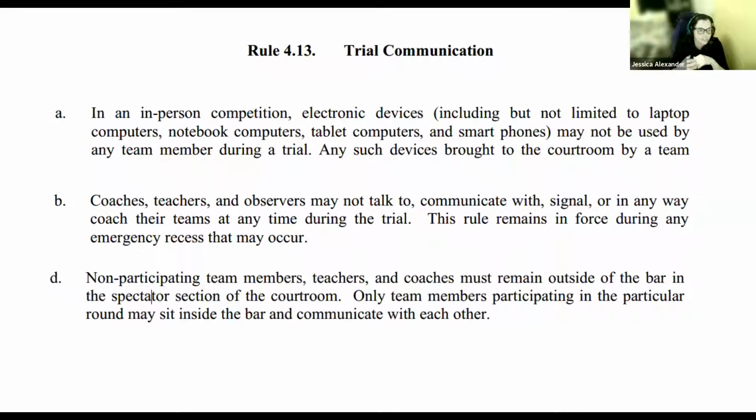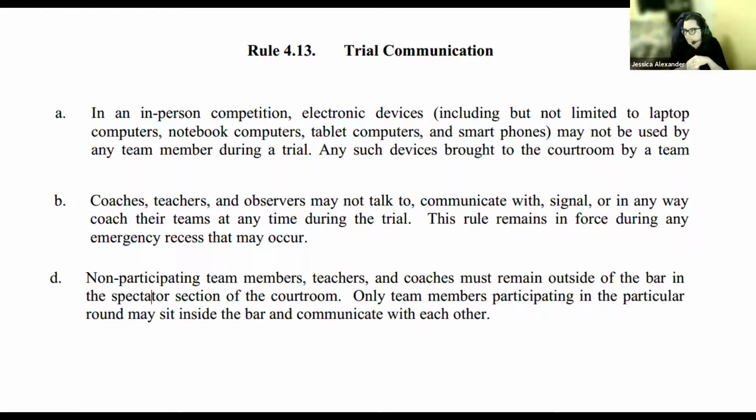Trial communication, this is really important. During your trial, the only people who can be talking to each other are the witnesses and attorneys. Okay, so any alternates, any coaches, any advisors, anybody who's not on this side of the bar cannot be talking to each other or passing notes in any way. We can see you. I think that's the biggest feedback that I would give.